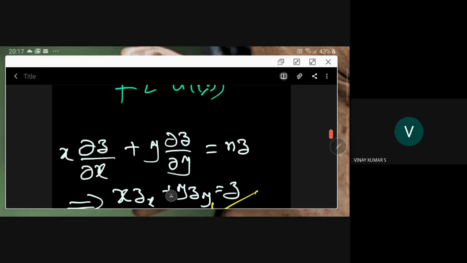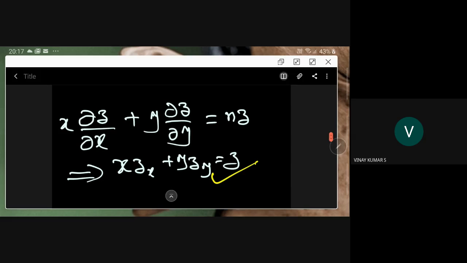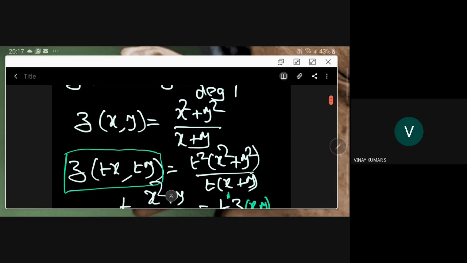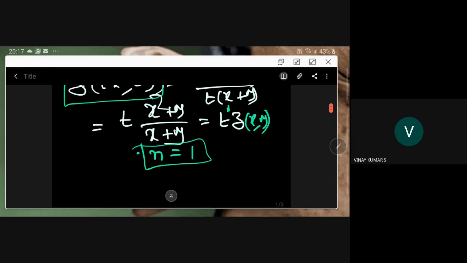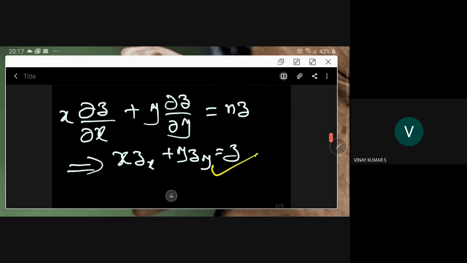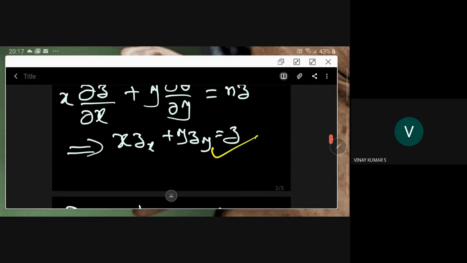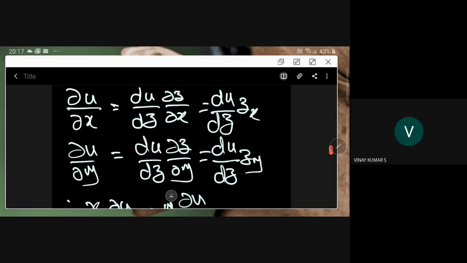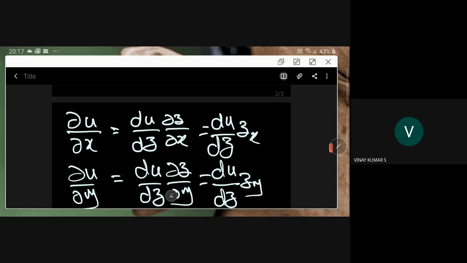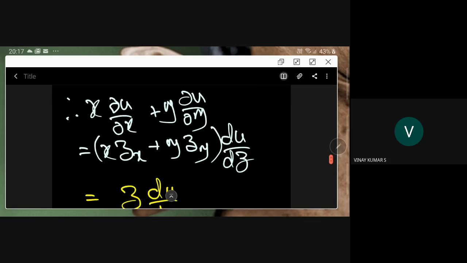We need not waste much time. Right. z is a homogeneous function of degree 1. So we got x into ∂z/∂x plus y into ∂z/∂y is z. Yes, we got that. Then ∂u/∂x we have taken. Now x ∂u/∂x plus y ∂u/∂y we have to calculate. Du/dz we have taken common.